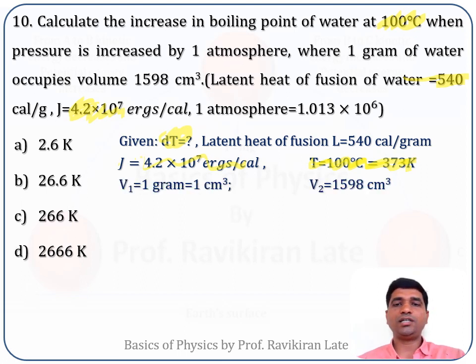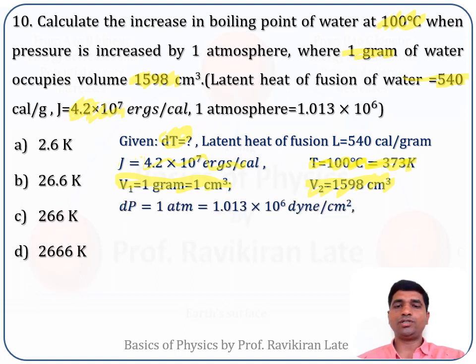Initially the volume of 1 gram of water is 1 centimeter cube, so let us say V1 is 1 centimeter cube, and after converting to the vapor phase its volume increases to 1598 centimeter cube, so V2 is 1598 centimeter cube.